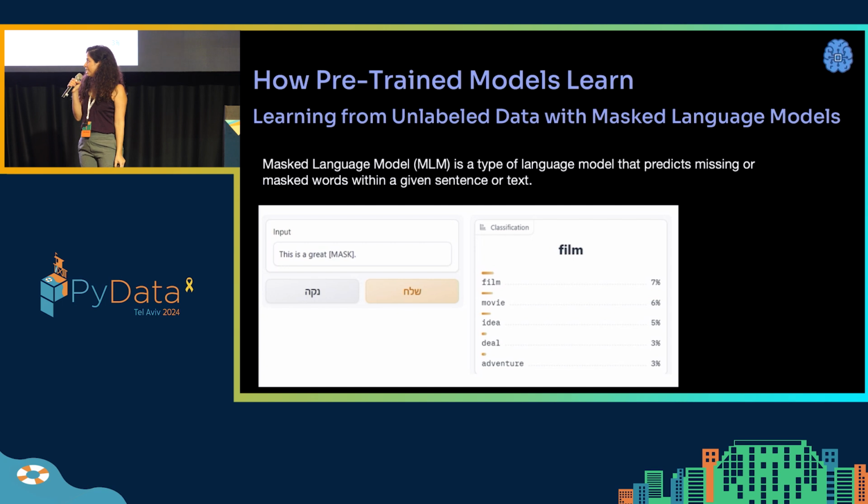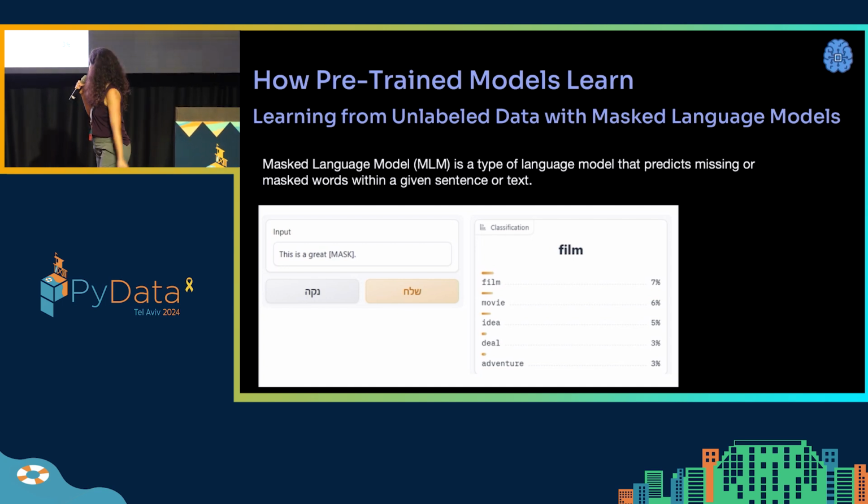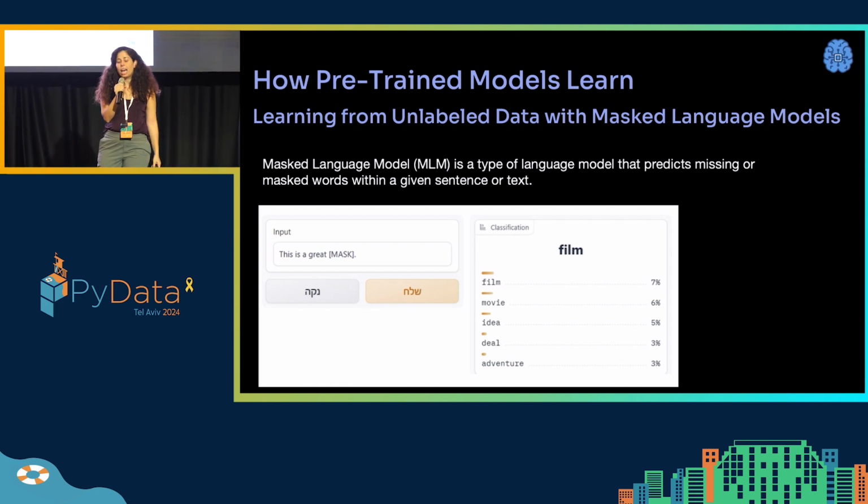For example, "this is a great ___", and the model predicts film with 70%, movie 6%, and idea 5%. So, in a nutshell, masked language models taught themselves language by filling in the blanks, filling in the masked words.